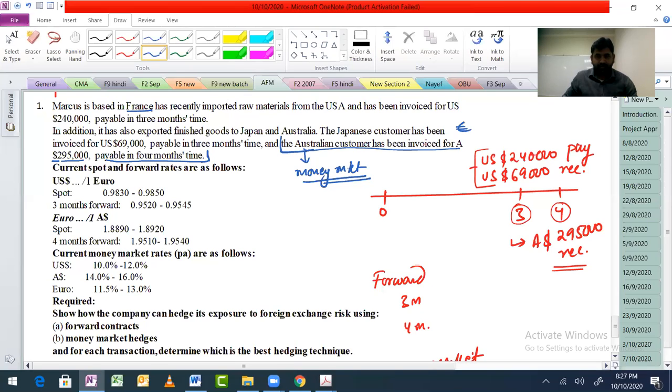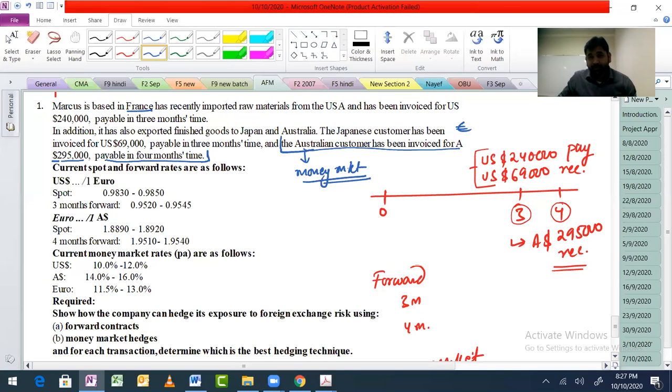So we will borrow, because we have invoiced the Australian customer to pay this much. So we'll borrow from the Australian bank, convert it back to euro, and that we'll deposit, right? The final answer which I got is 589,897, rounded off.